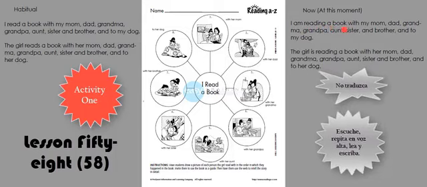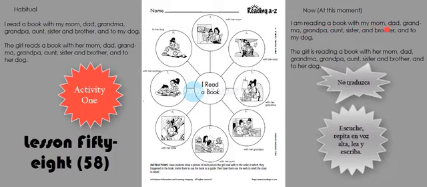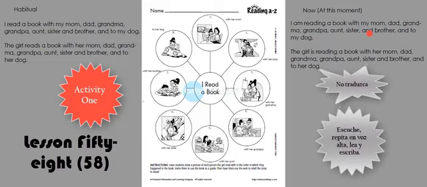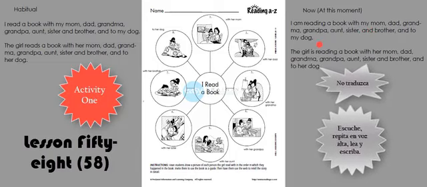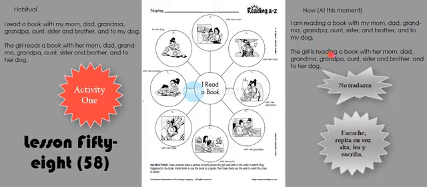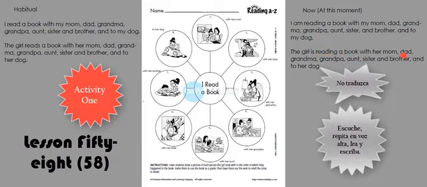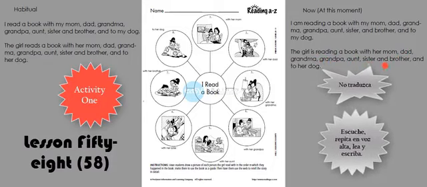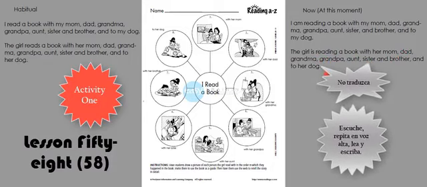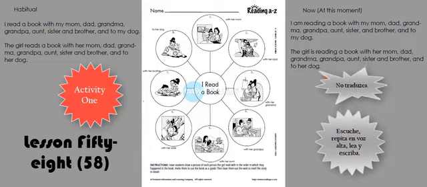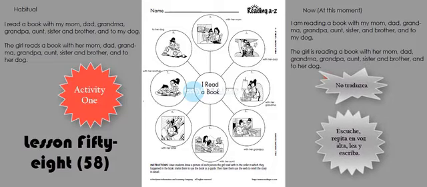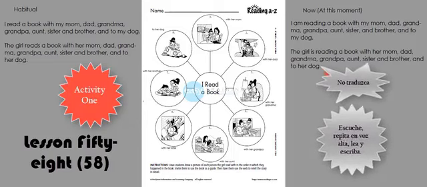I am reading a book with my mom, dad, grandma, grandpa, aunt, sister, and brother, and to my dog. The girl is reading a book with her mom, dad, grandma, grandpa, aunt, sister, and brother, and to her dog. Ahora compare usted estos enunciados con los que usted ha escrito. Recuerde que usted debió escribir también los enunciados individuales.